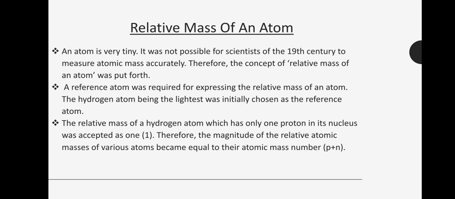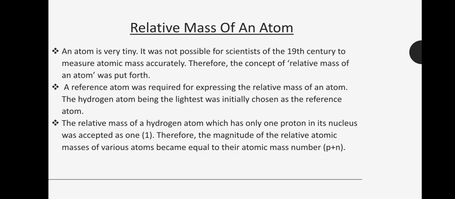So, seeing this topic again, the relative mass of a hydrogen atom, which has only one proton in its nucleus, was accepted as 1. So hydrogen was considered as 1, right? Therefore the magnitude of the relative atomic masses of various atoms became equal to their atomic mass number. Correct? So it will be P plus N, that is protons plus neutrons.